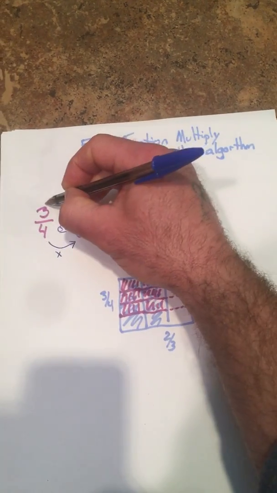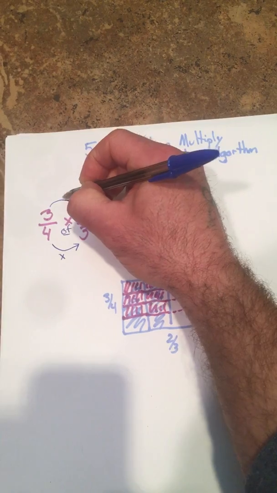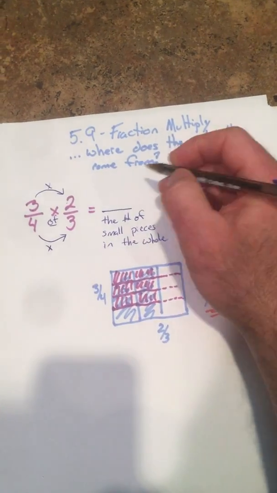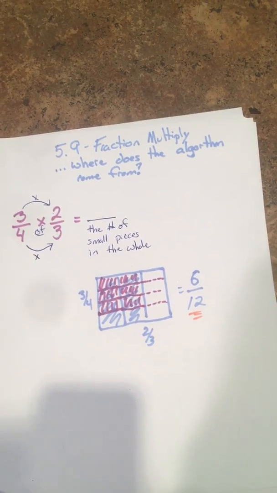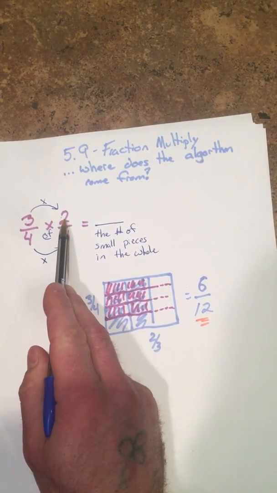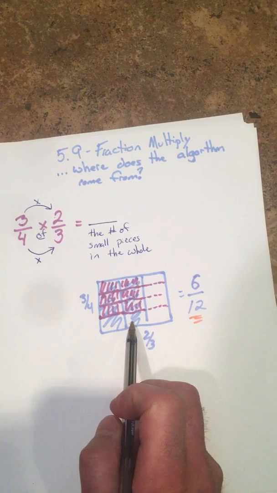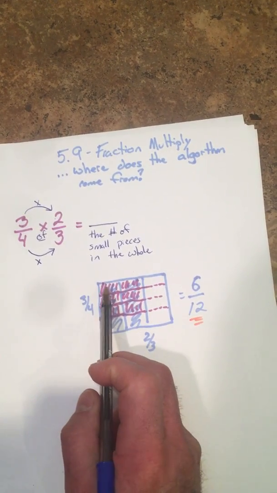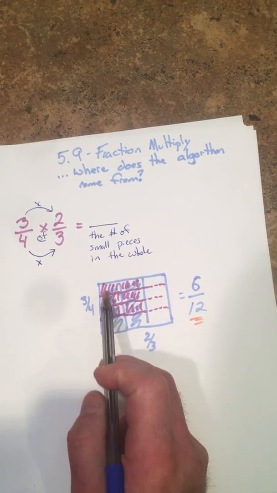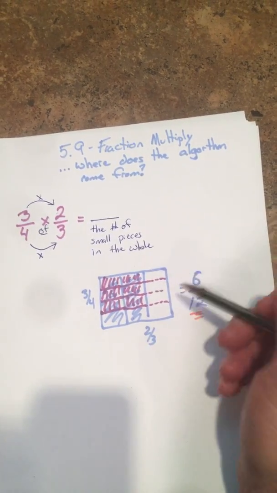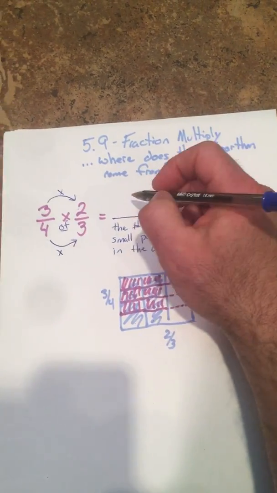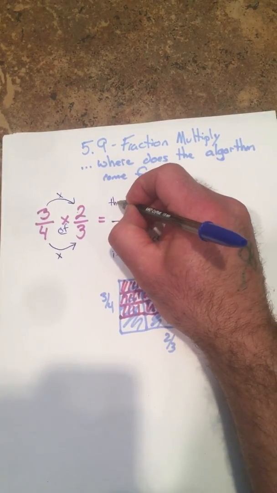And when you multiply your numerators, you find the amount of small pieces that you actually get. Because we took our 2/3, which were here and here, and we ended up getting 3 small pieces in each of them. So 3 from this one and 3 from this one, for a grand total of 6 smaller twelfth-size pieces.